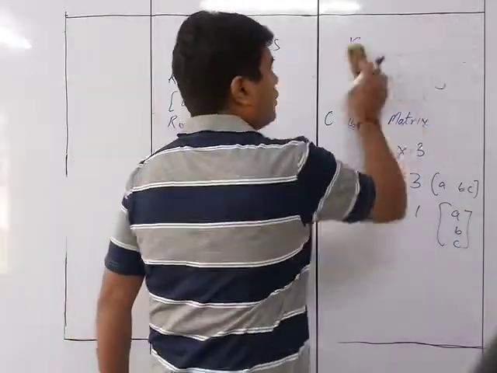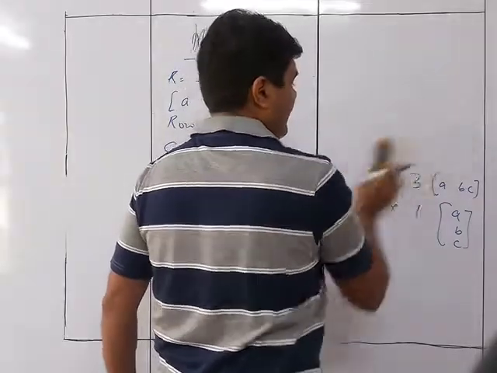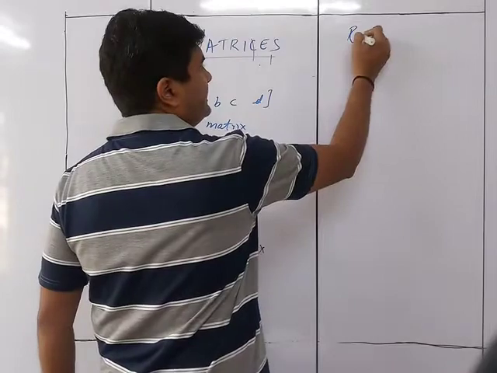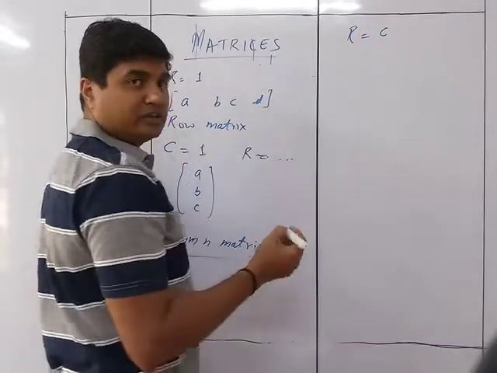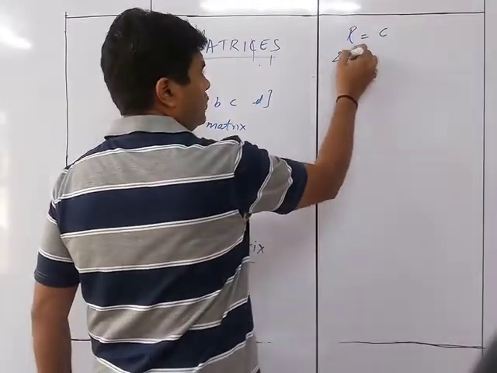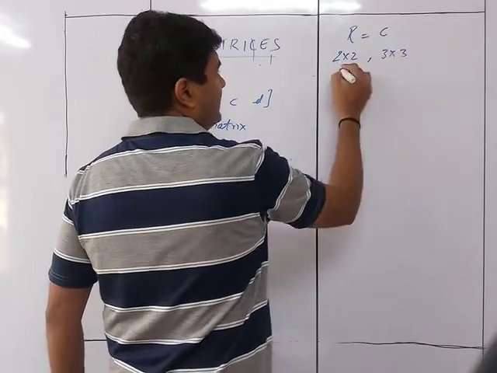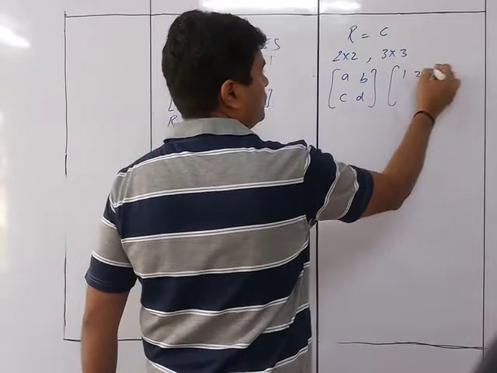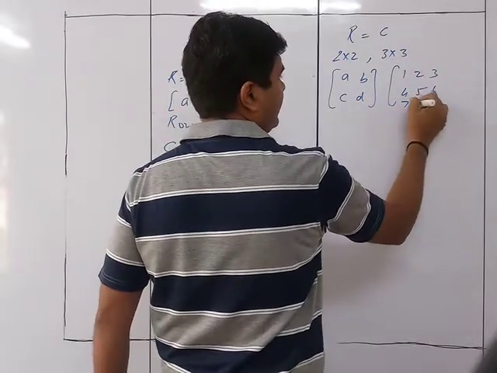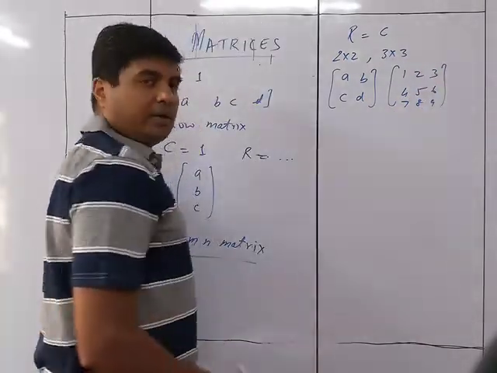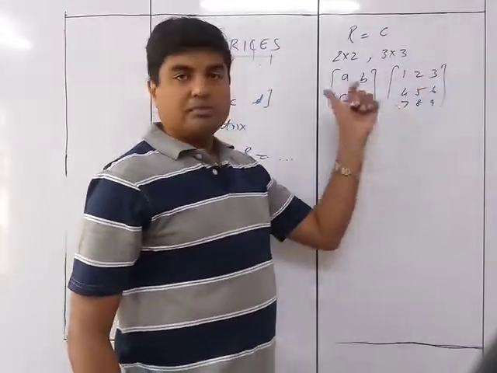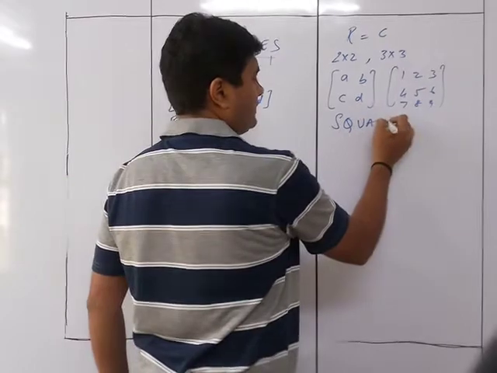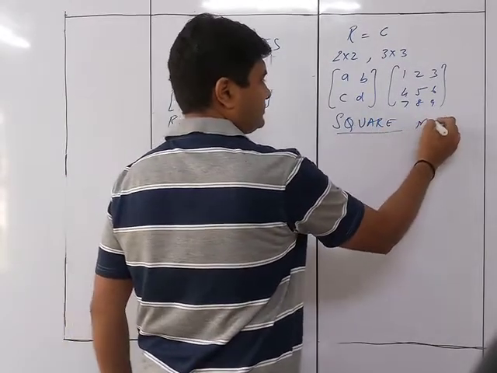If the number of rows and the number of columns are the same, if I get a particular matrix where R is equal to C, number of rows is equal to number of columns, like 2 by 2 matrix, 3 by 3 matrix, like A, B, C, D, or 1, 2, 3, 4, 5, 6, 7, 8, 9, then it becomes a square matrix.